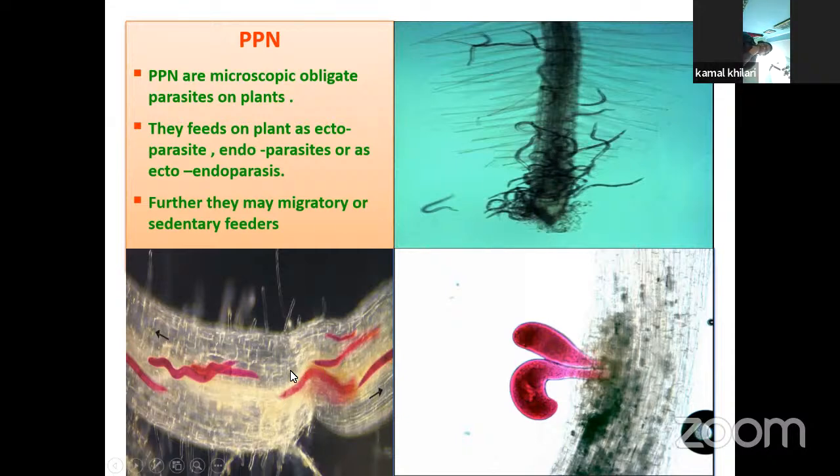Endoparasites are generally sedentary in nature. They remain at one place and continuously feed there, though some may be migratory. Ectoparasites may be migratory or sedentary, meaning they remain at one place throughout life, or they may be movable. And endoectoparasites remain at one place and are sedentary in nature. So these nematodes fall into 3 categories.